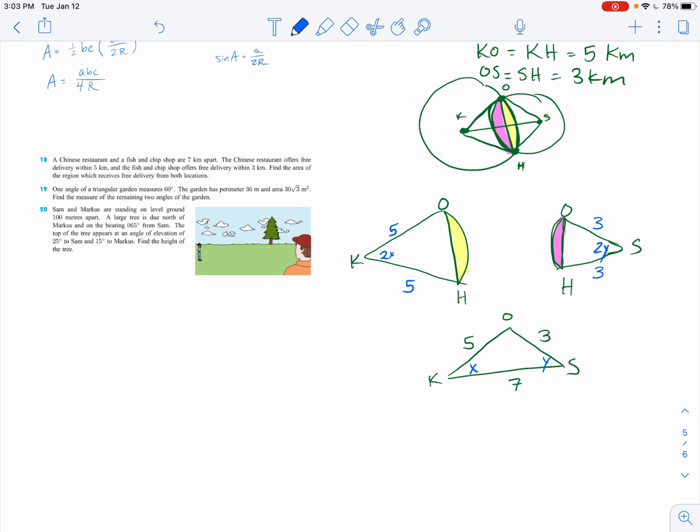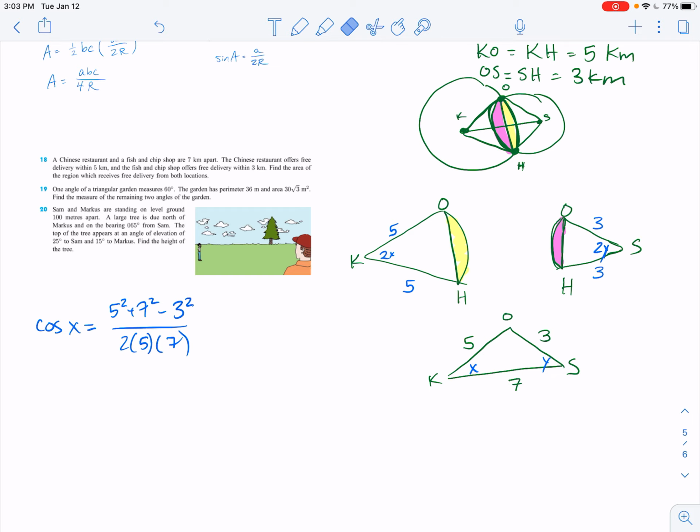So what I know is to find x, I can say that cosine of x would be equal to 5 squared plus 7 squared minus 3 squared over 2 times 5 times 7. That's the law of cosines. You know what? I may intentionally do this in radians because then my sectors are easier to work with in radians.